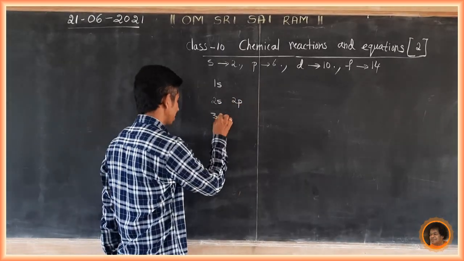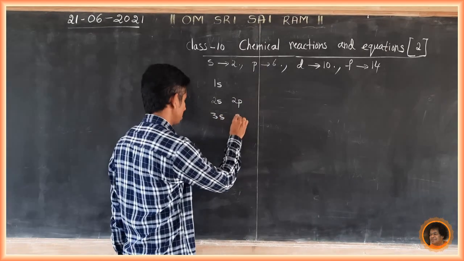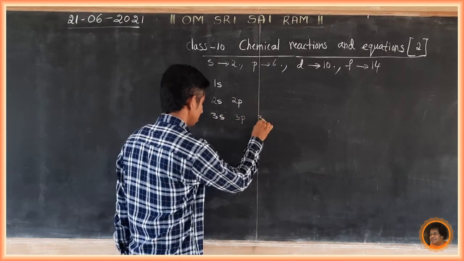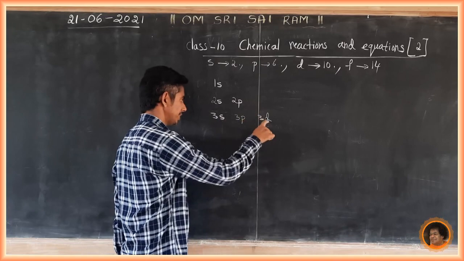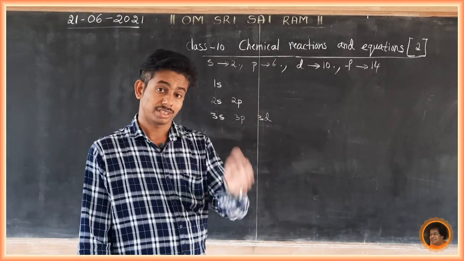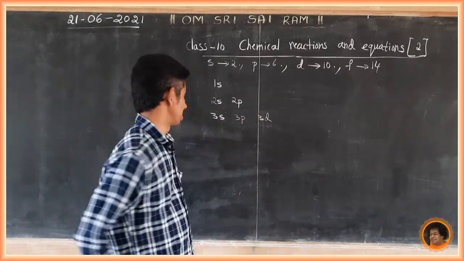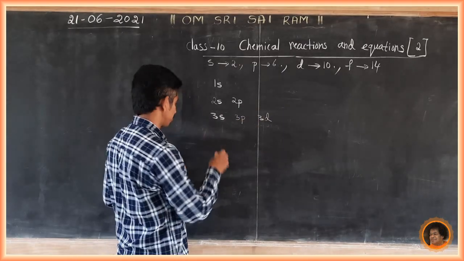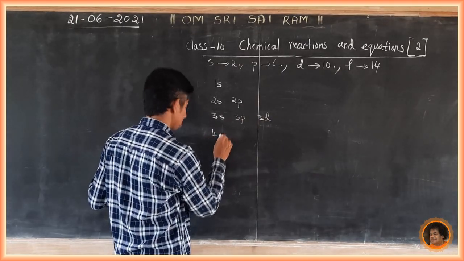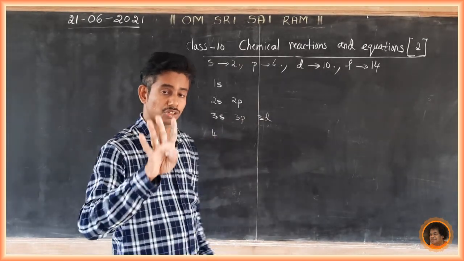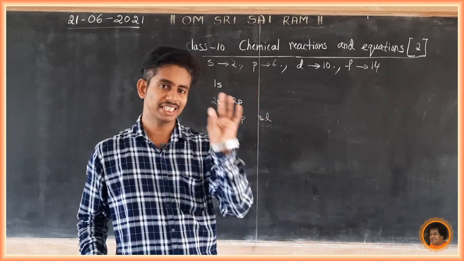The third shell has 3 subshells, 3s, 3p and 3d. The fourth shell has 4 subshells, S, P, D, F.